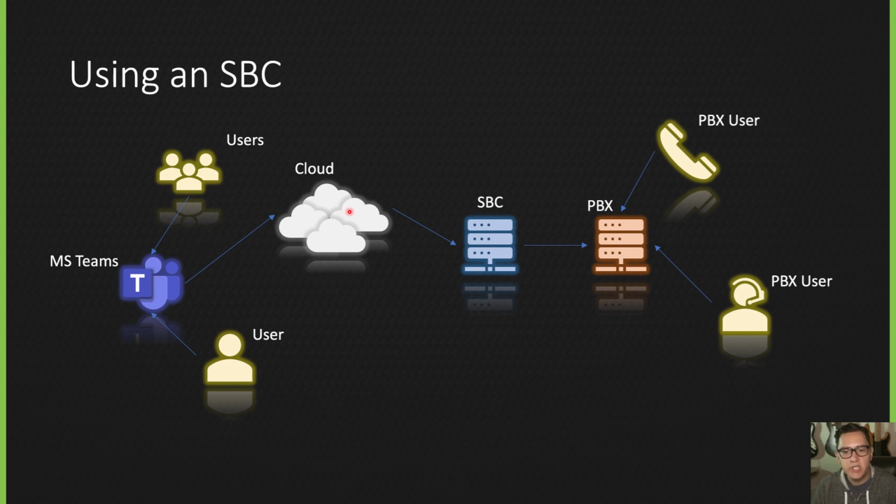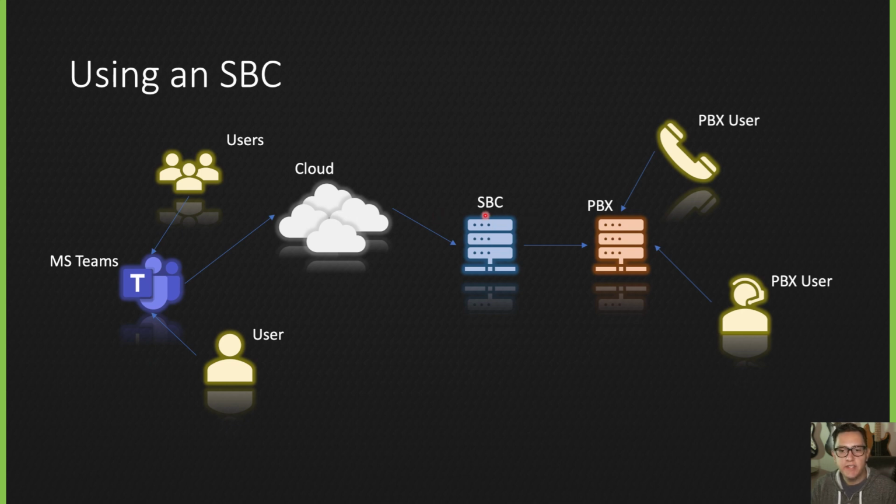Then through the cloud, they would connect to an SBC. This would be a separate appliance, a separate server. Nowadays, I know that there are some SBCs that you can install in the cloud. But traditionally, these have been additional appliances that you would have within your network.